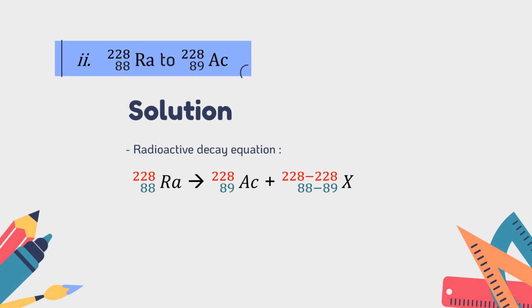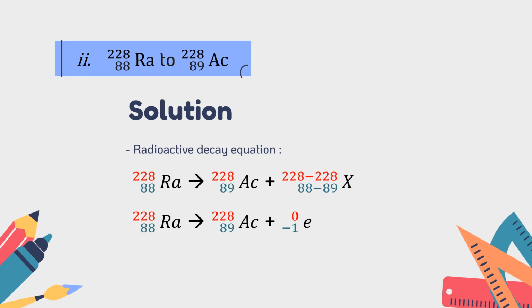So, let us substitute the answer for the nucleon number and proton number into the equation. And you can see the decay equation is now like this. Radium-228 now decays into actinium-228 plus an electron with nucleon number 0 and proton number negative 1.